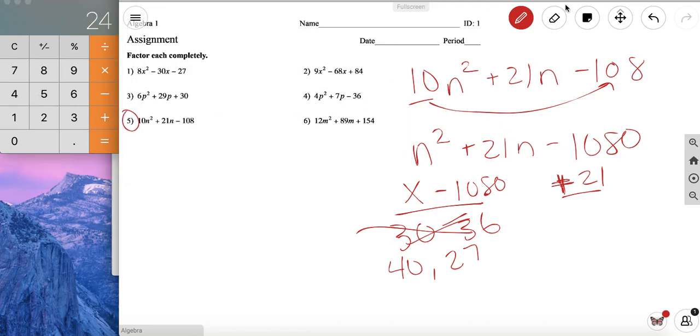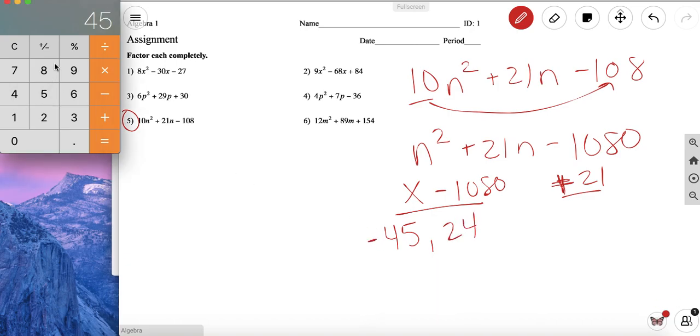45, just for space purposes, I'm going to erase 45 and 24. So if I make this negative, right, negative 45 plus 24, that gets me a negative 21, which means I'm close to what I want, but it's not quite right, because I want a positive 21.